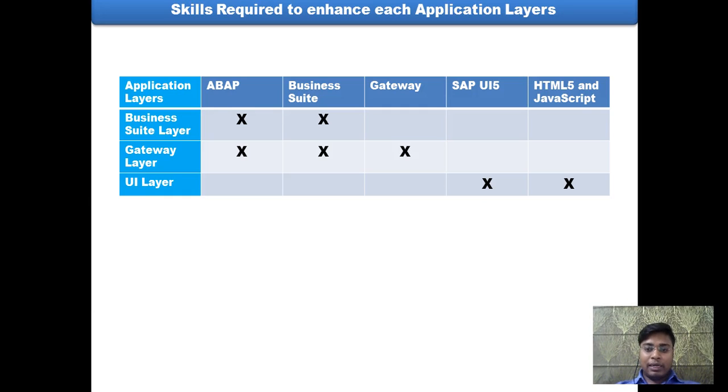In the gateway layer, we need ABAP engineers, business suite consultants, and gateway engineers. Here, gateway engineers are nothing but advanced ABAP engineers who can work more on object oriented ABAP. In the UI layer, we need SAP UI consultant developers who have knowledge of the SAP provided UI library, and HTML and JavaScript developers.